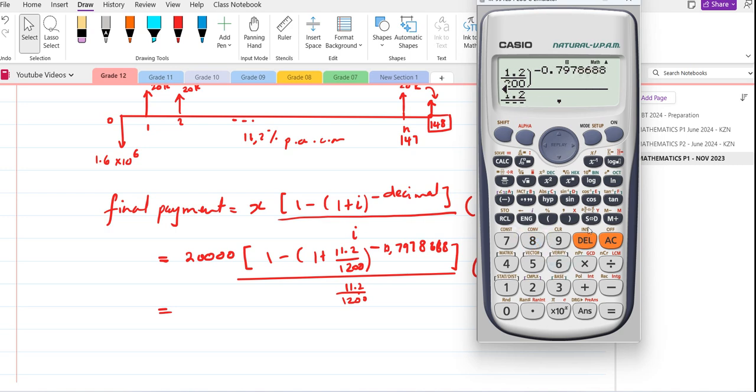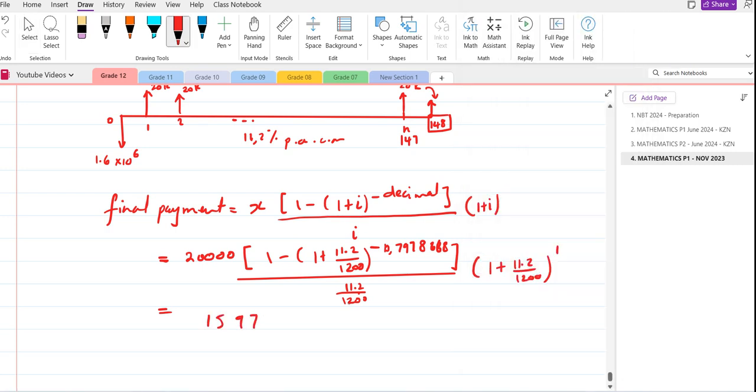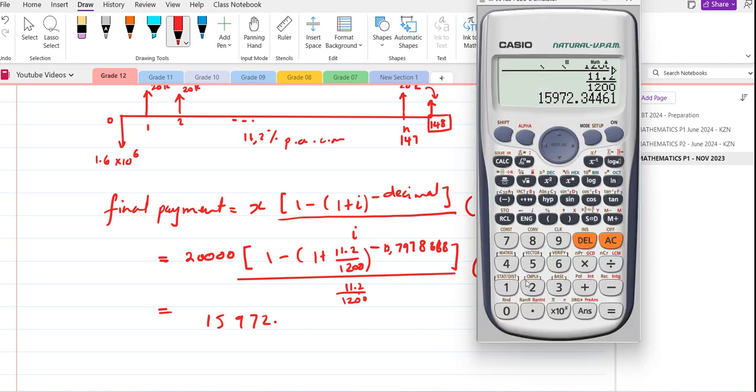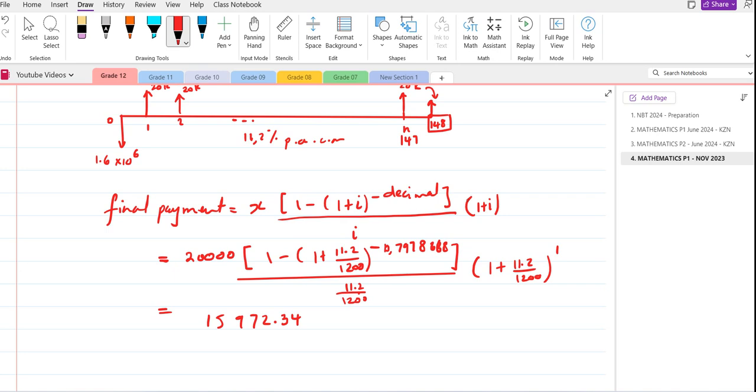Close the bracket, and then open another bracket, 1 plus 11.2 over 1200. Okay, and we should get the answer 15,972.34. Right, that's the final payment amount.